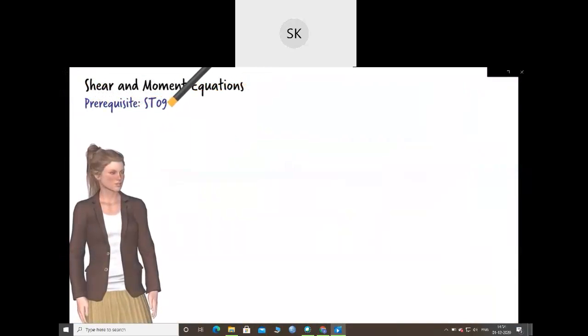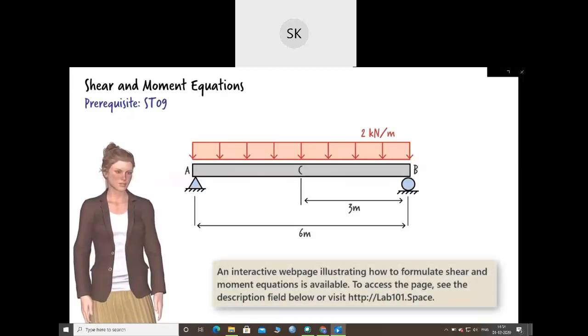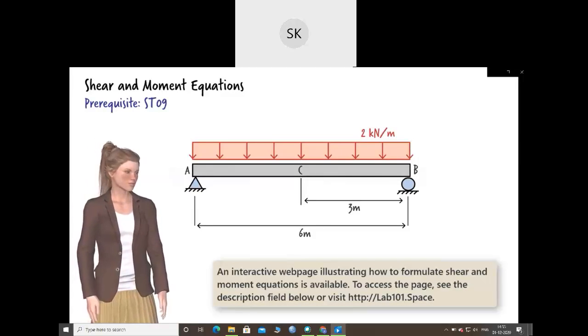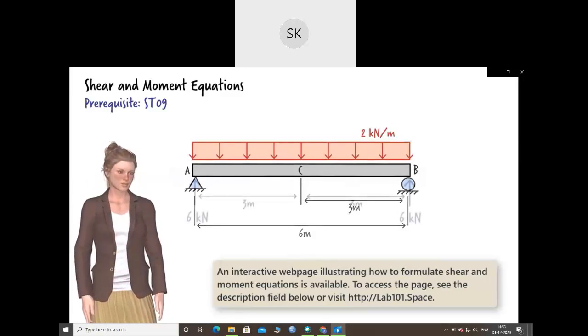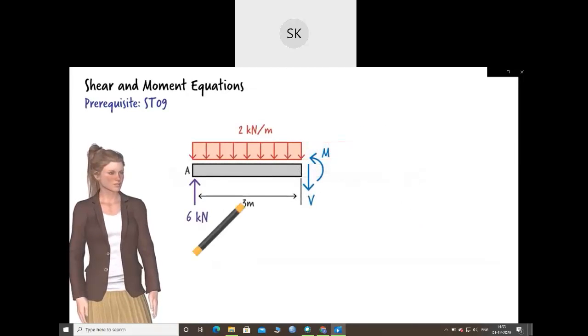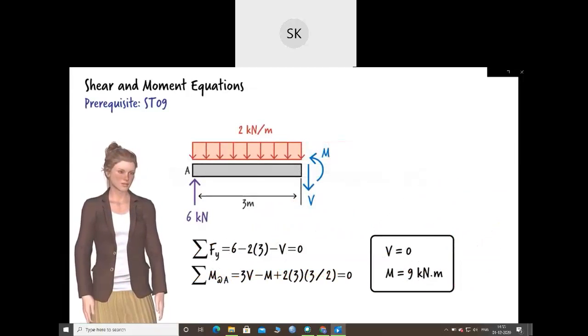In the previous lectures, we talked about shear and bending moment in beams and how to calculate them at specific points. For example, given this beam, we can determine shear and moment at C by first determining the support reactions and then by cutting the beam at C and writing and solving the equilibrium equations for segment AC.